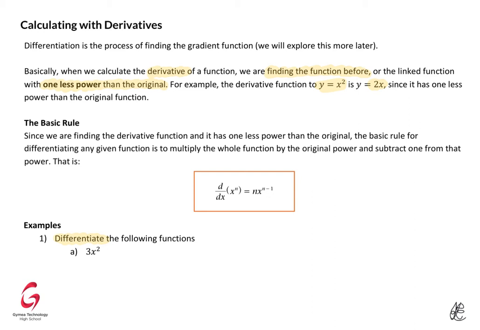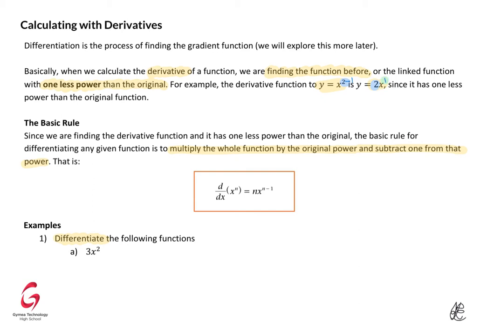And it says to us that when we are finding the derivative, then we are going to multiply the entire function by the original power. So that original 2 gets multiplied on the front, and then we are going to subtract 1 from that power. So the 2, we take 1 away, and we end up with 1.